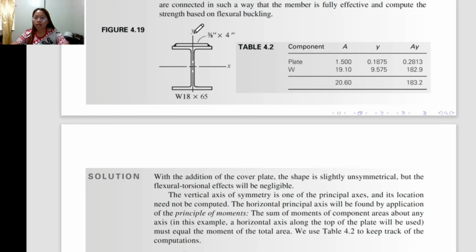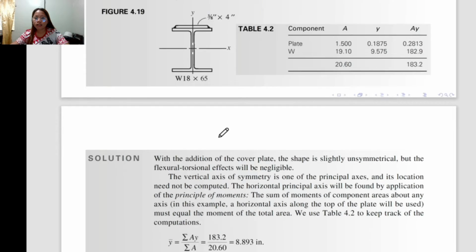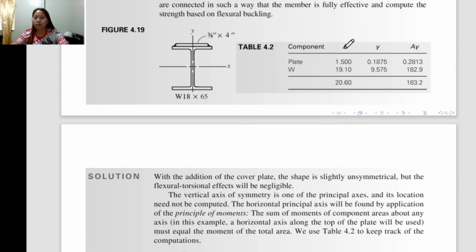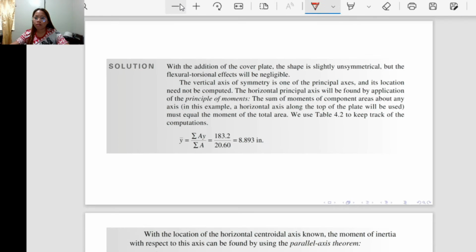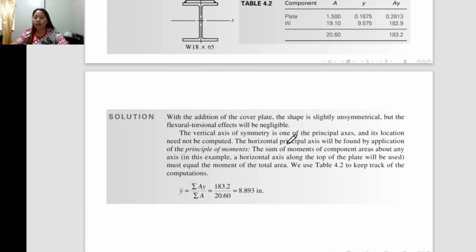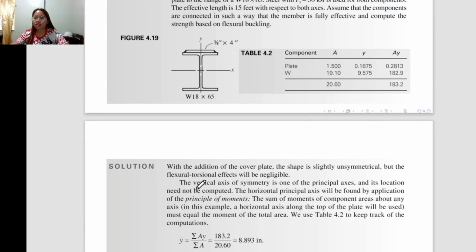So, how to get the centroid of the different members: you get the area of each component, multiply, sum up, then divide by the summation of the area. So the centroid is equal to 8.893. This is just the centroid.